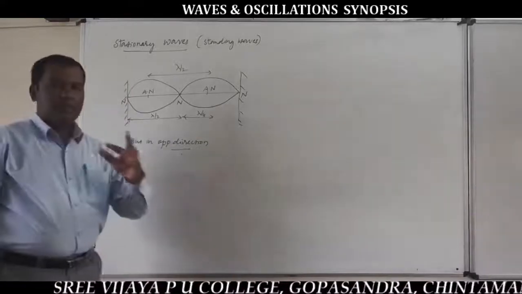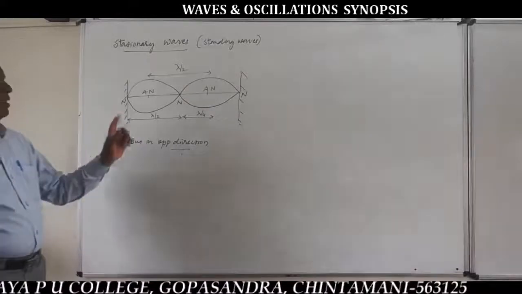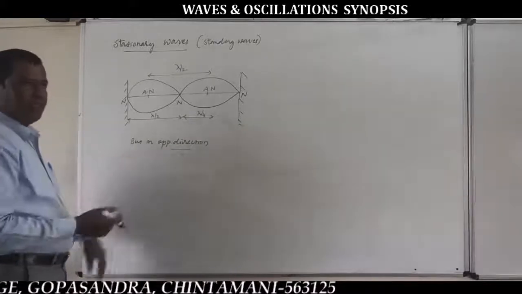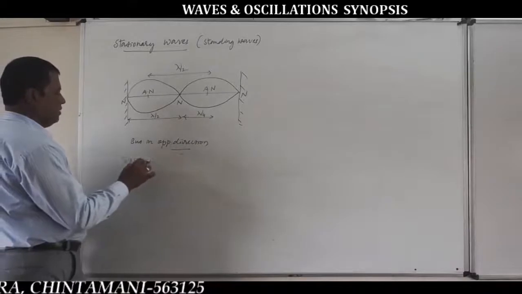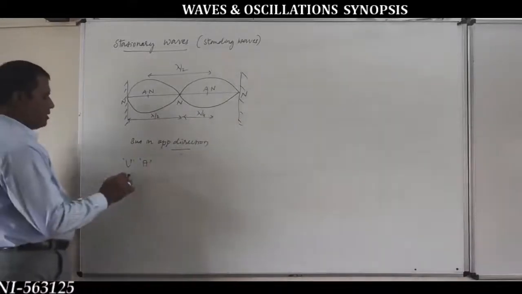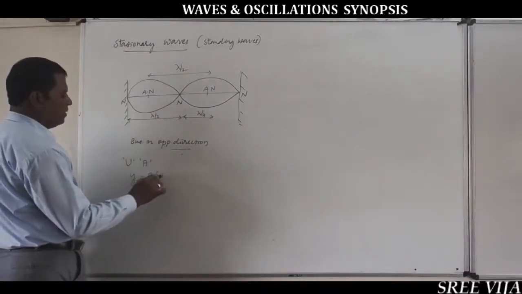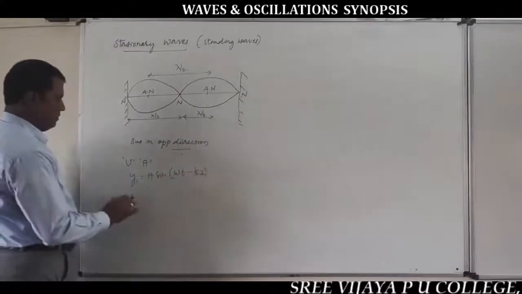Now let us consider two harmonic waves. They are traveling in opposite direction with the same speed v, with the same amplitude a. Let me represent one harmonic wave as a sine(omega t minus kx).